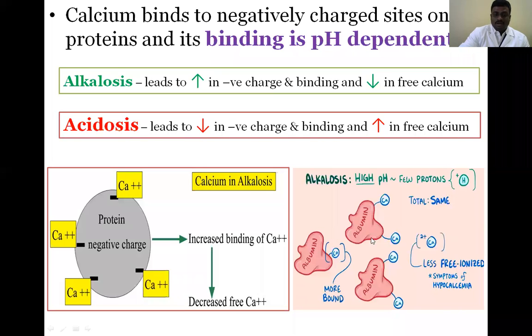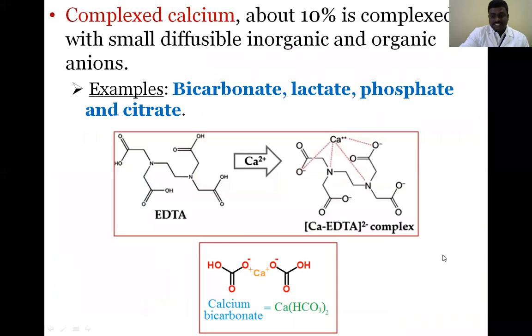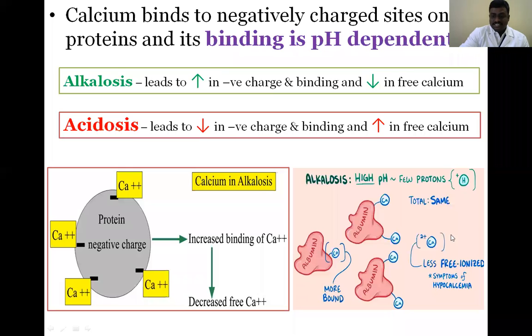So when we are having more albumin, more calcium binds with the albumin's negative charge. When more calcium binds with the protein's negative charge, the availability of free calcium is reduced. That condition is called hypocalcemia.